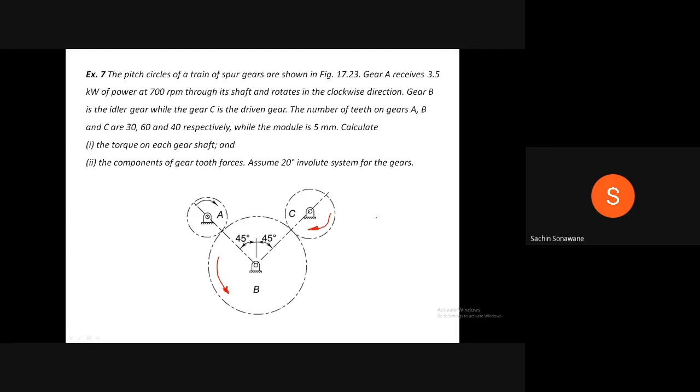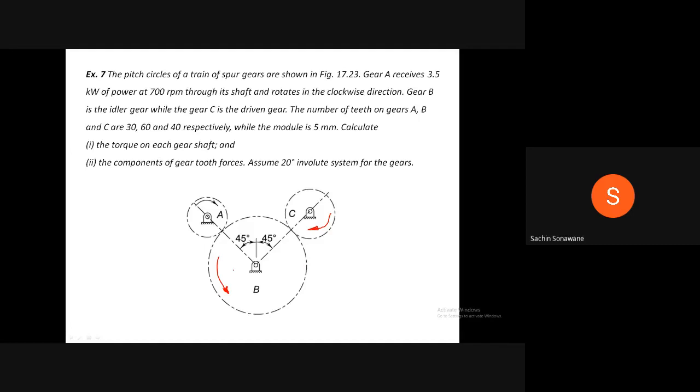Like this. Therefore, this is the rotation. Now, whatever power gear A receives, that power or that torque is transmitted to gear C through an idle gear, through an idle gear B.